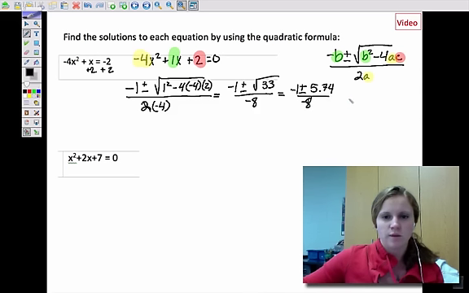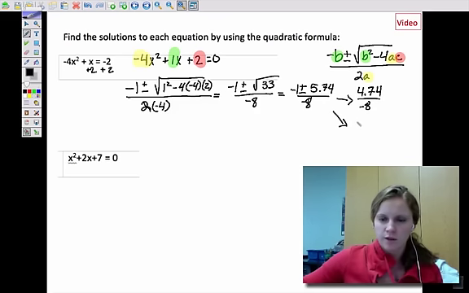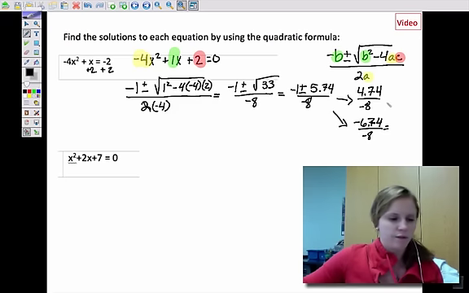Then our two options would be negative 1 plus 5.74, which is 4.74 over negative 8, or negative 1 minus 5.74, which is negative 6.74 over negative 8. The top one gives us negative 0.59, and this one gives us positive 0.84.